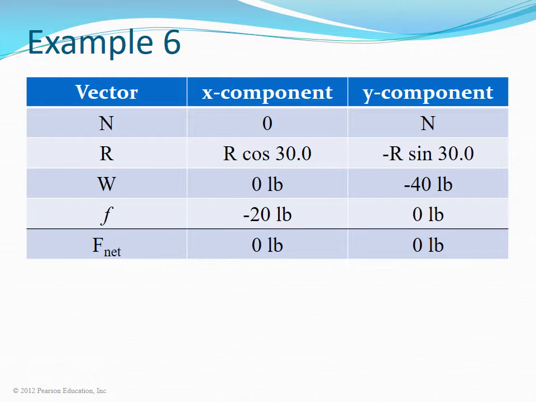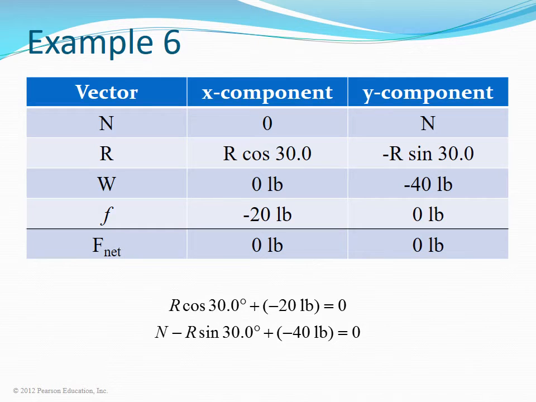As before, we create a table with all the forces, known and unknown. Notice the compression force is listed in the table as the pushing force, R. The net force is the sum of all the forces acting at the lawnmower. Since the system is in equilibrium, the forces must sum to 0.